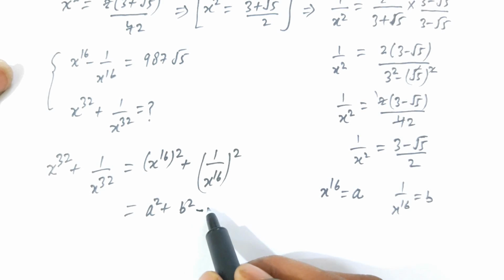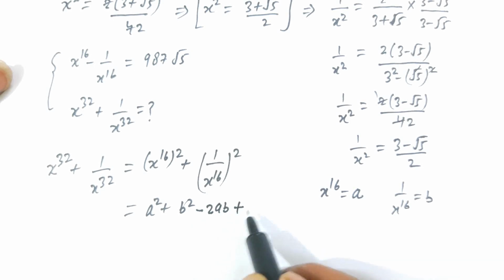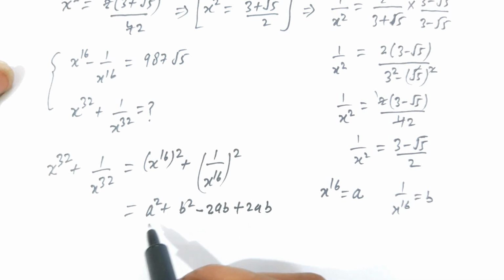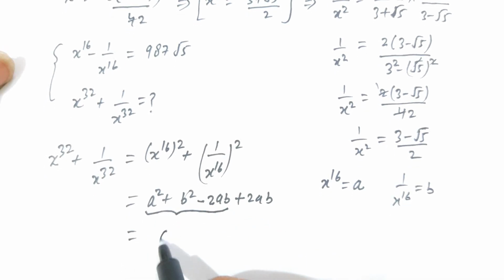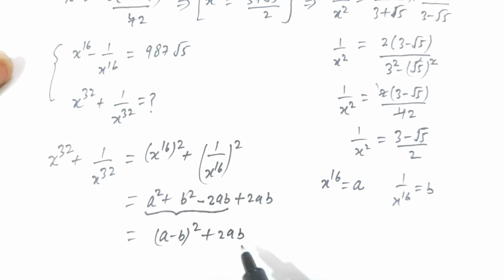So if we subtract 2ab and add 2ab, this expression is a square plus b square minus 2ab, that is (a minus b) whole square plus 2ab.